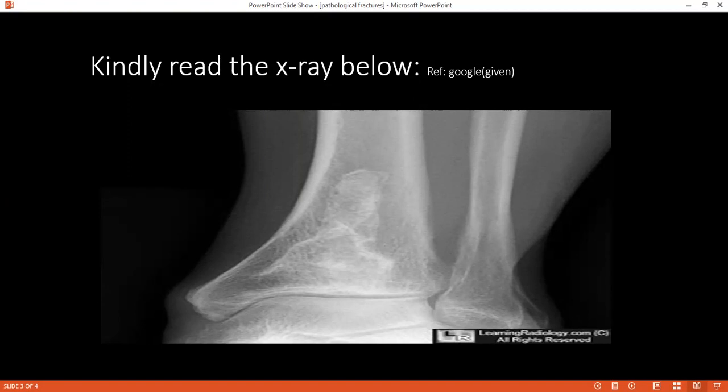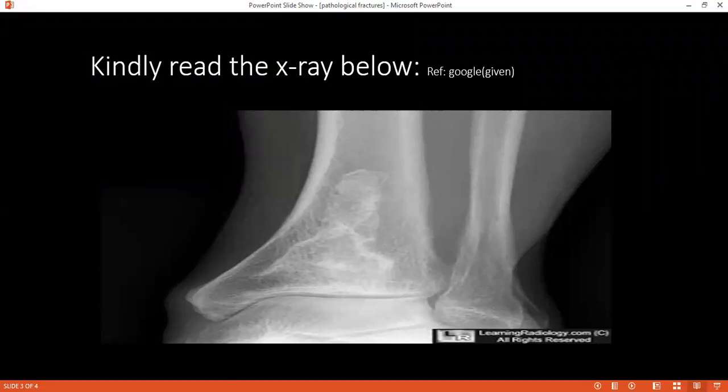You've already told me about osteomyelitis. Now, you've told me the causes of pathological fractures. How could pathological fractures be managed?